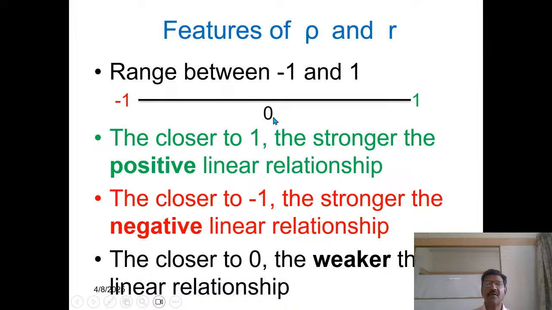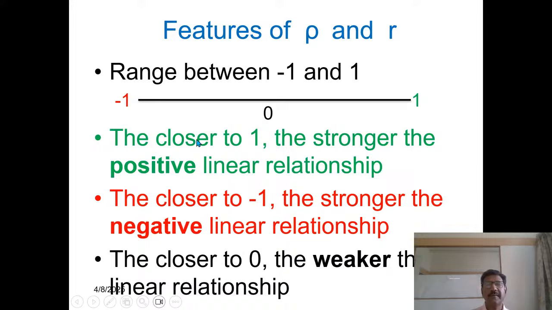After calculating rho, or calculating for the sample, if the value is near zero, the closer to zero, the weaker the linear relationship. If the value is near -1 or +1, either minus or plus, then we can call it a strong relationship.